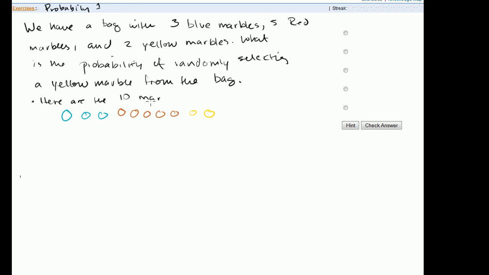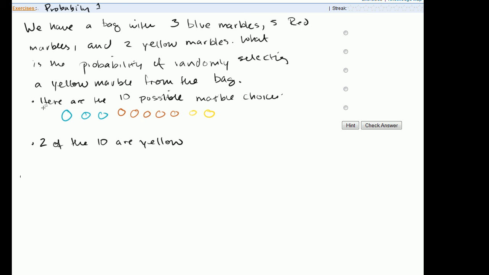The 10 possible marble choices. And then we could say, 2 of the 10 are yellow.